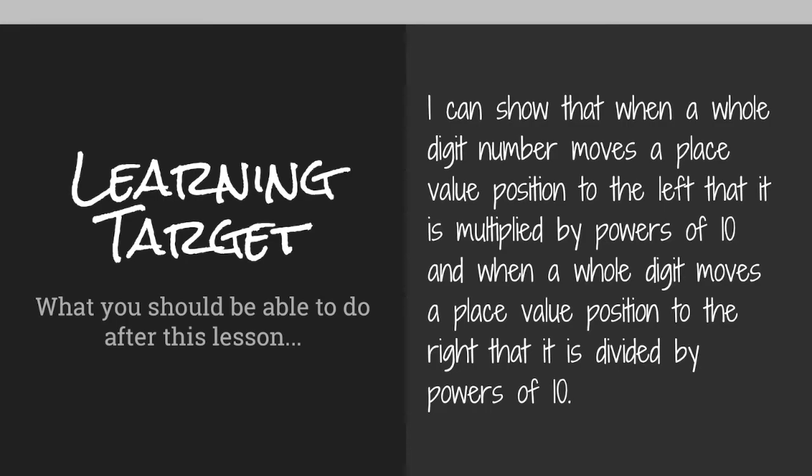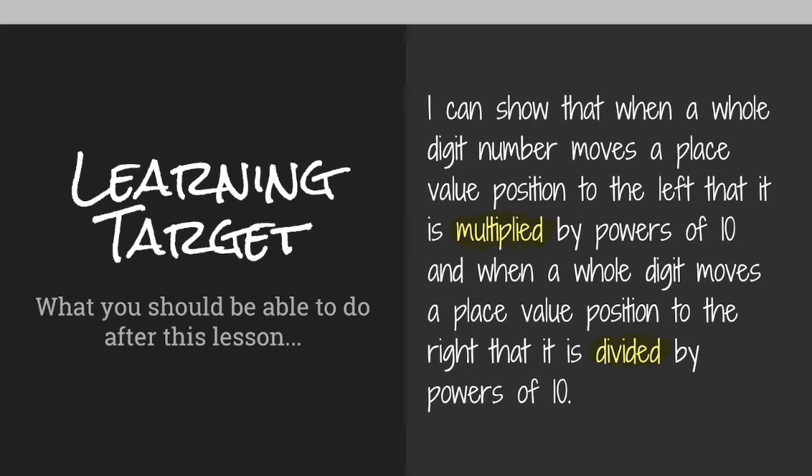Ultimately, what we're going to be looking at is the same skill, but we're going to see this multiplied, and then we are going to see divided. We're going to look at those two operations and how they impact numbers as we look at them on a place value chart.